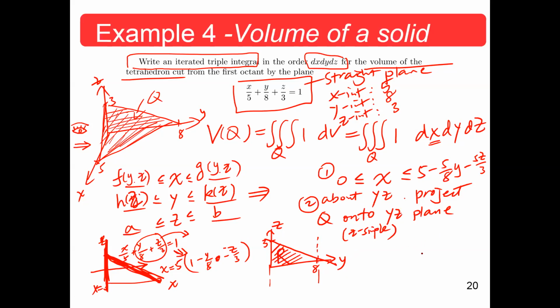So this Y would be bounded between 0 and 8, right? And your Z will start from here and end here, those are the 2 intersections. So Z would start at 0, ends at the straight line.